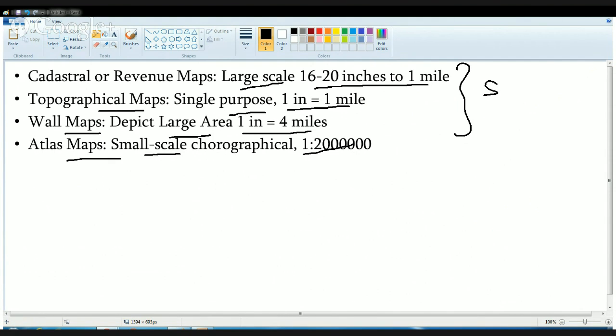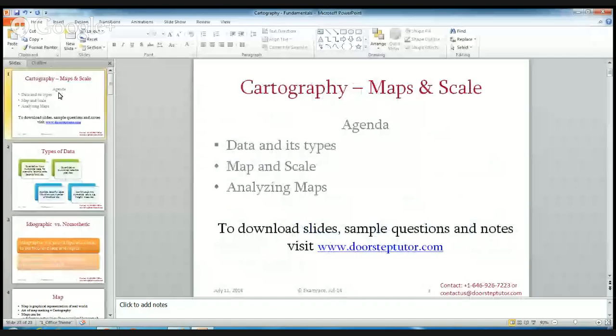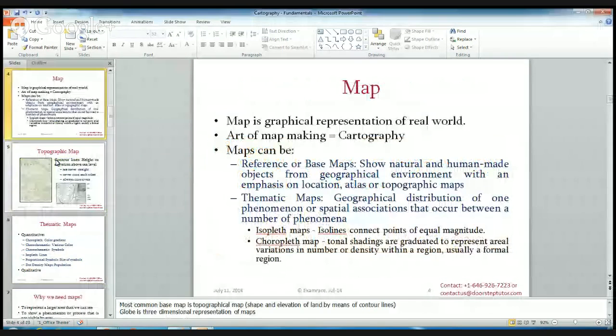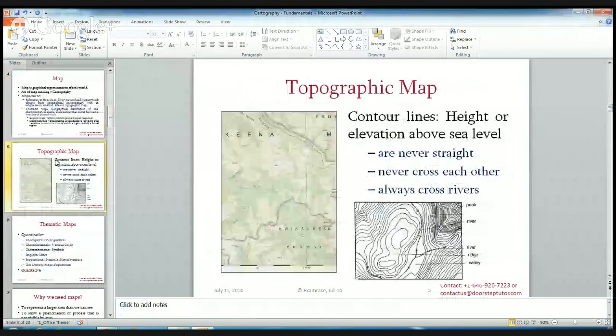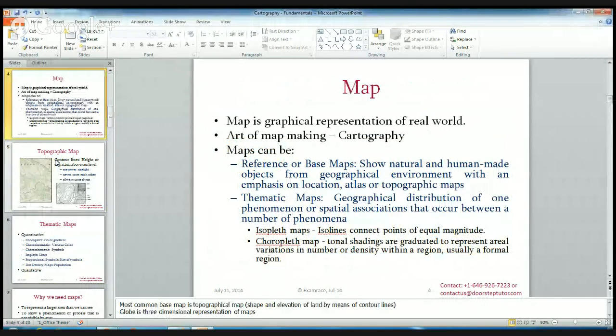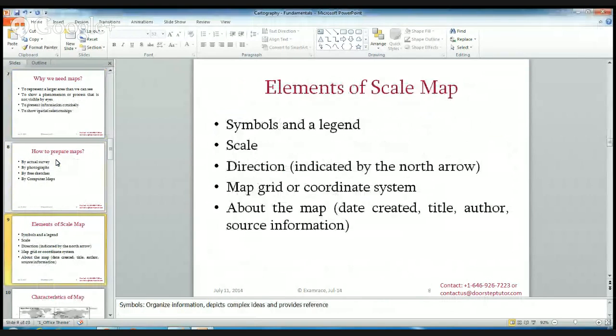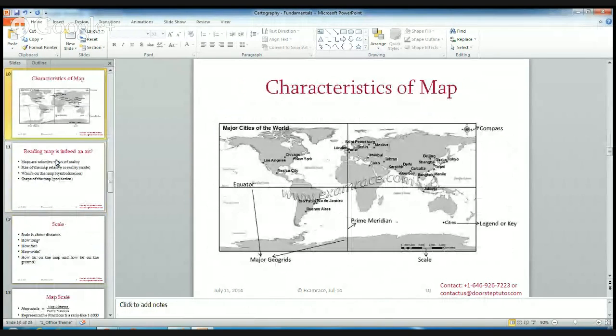Then we already talked about symbols. Symbols are very important while we do maps. In this session, we'll try to do a quick recap of what we talked about. So we started with what is data, types of data, idiographic and nomothetic approach. Then we talked about maps, the types of maps, that is the reference maps or the base maps and the thematic maps. Why do we need to prepare maps? How we prepare maps? The various elements or essential parts of maps.